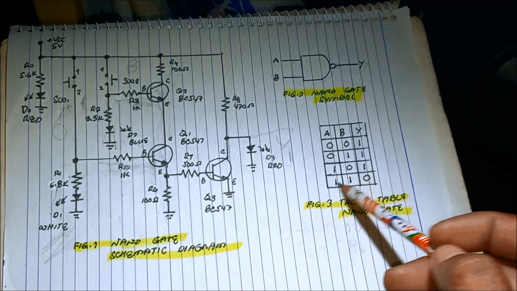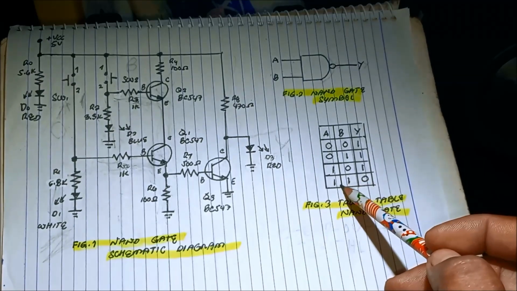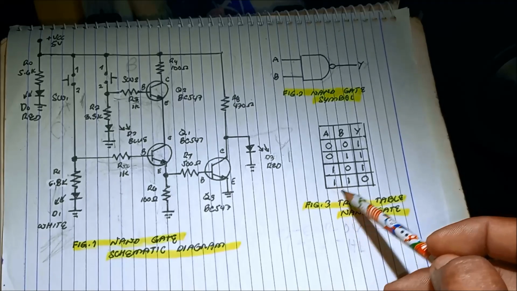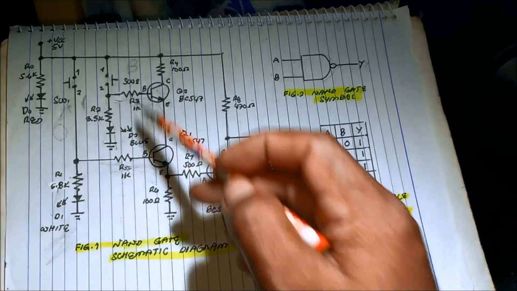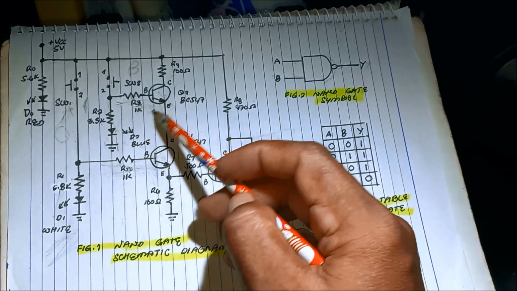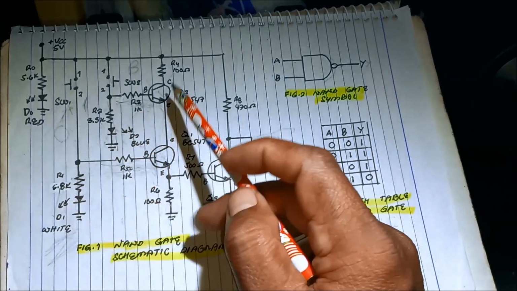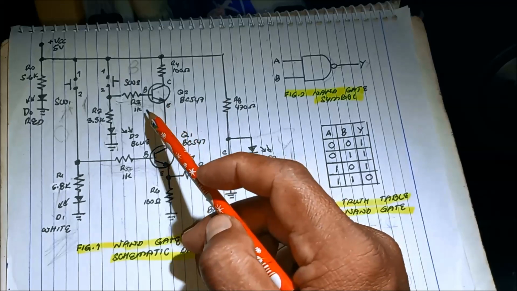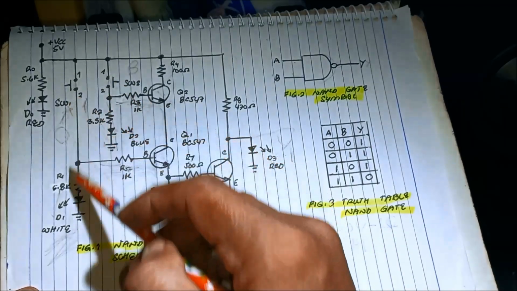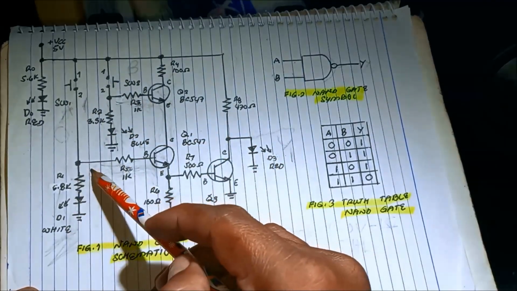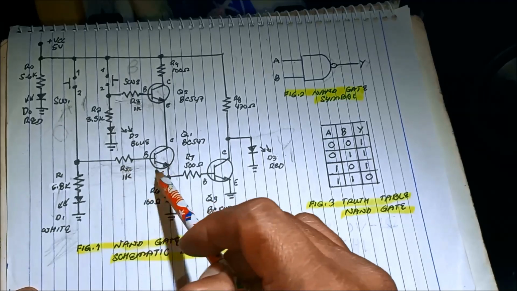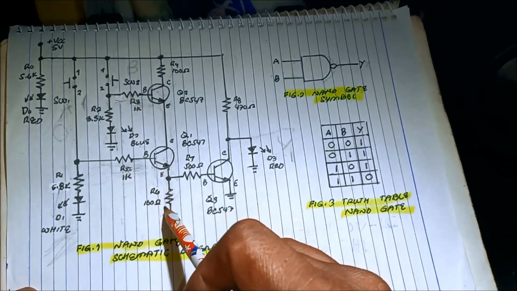Now let us consider the case where we press both switches, 1-1. It means we are injecting a high logic level to transistor 1 and transistor 2. When we inject a current here, it produces a base current, turning this transistor on.